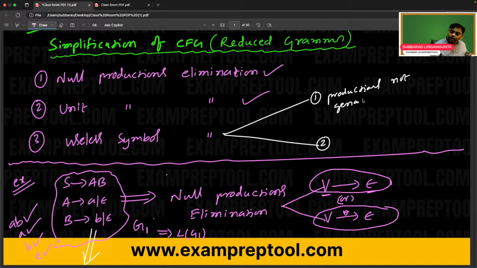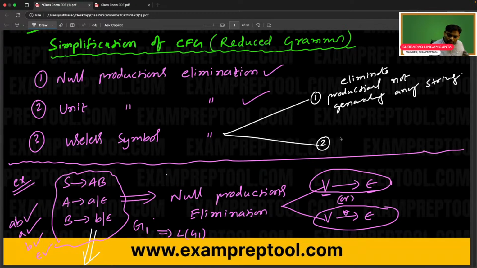Eliminate productions not generating any string.